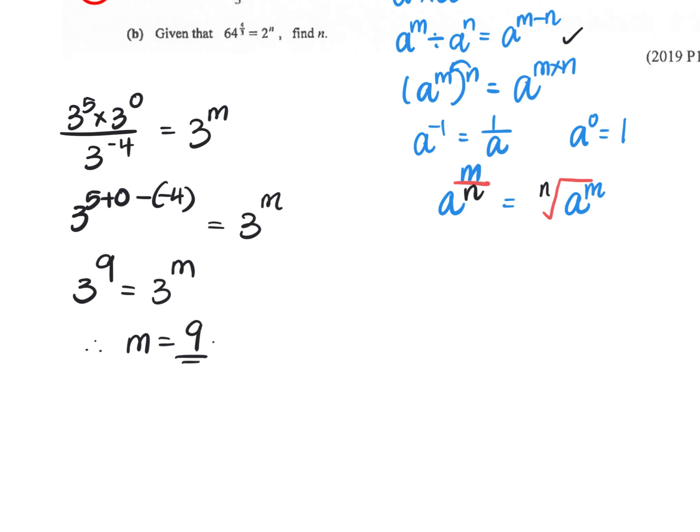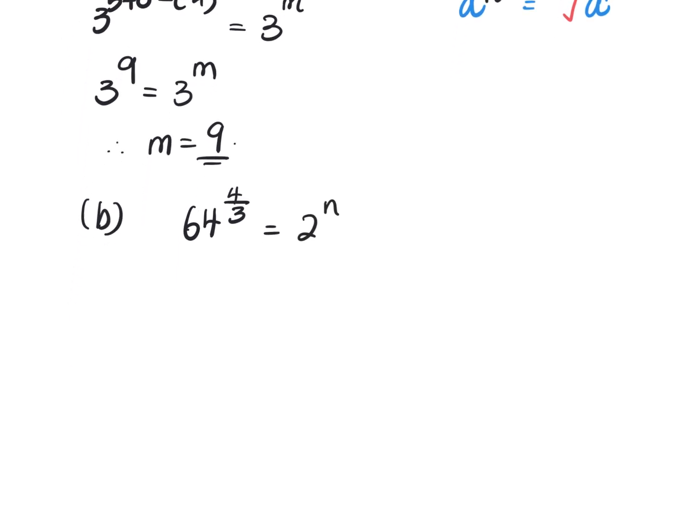Question B says I'm going to solve this: 64 to the power of 4 over 3 equals 2 to the power n, and they asked me to find n. When you notice that the base numbers over here are very different, for all kinds of questions, always change it to the smallest prime factor.